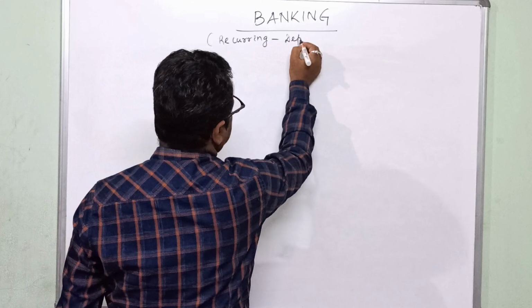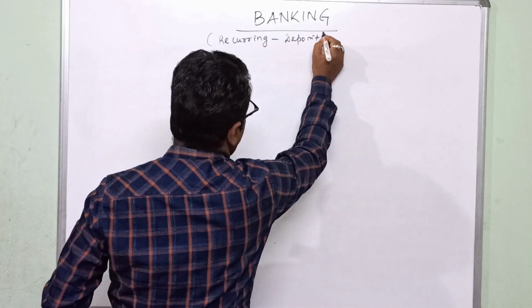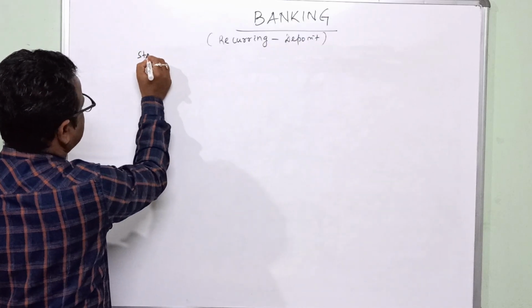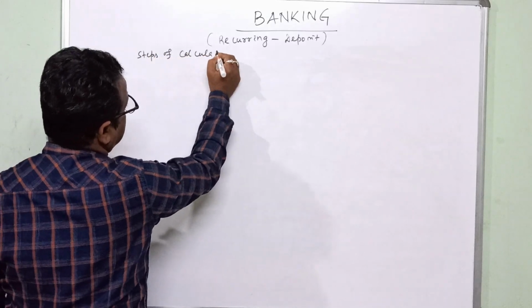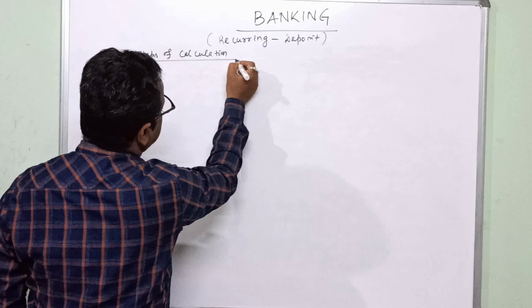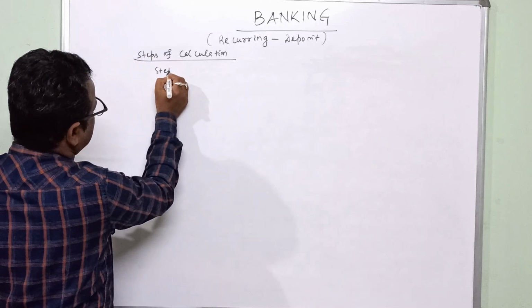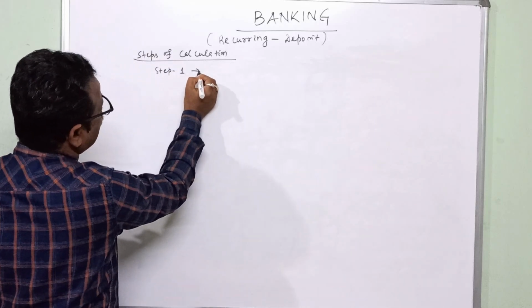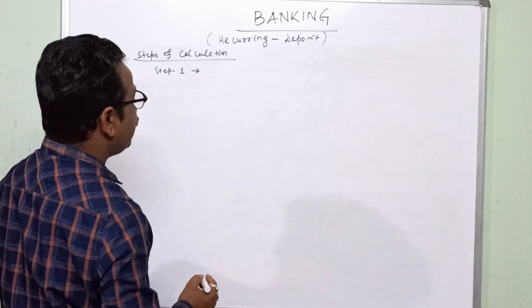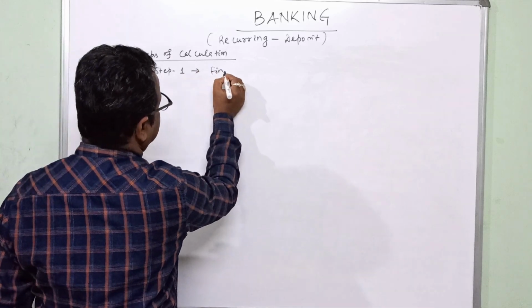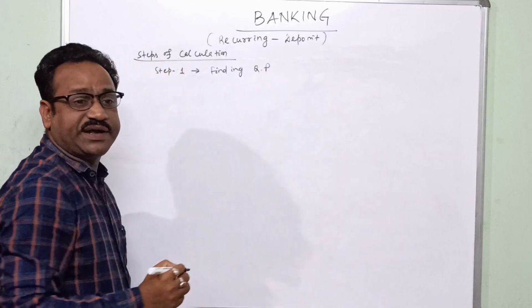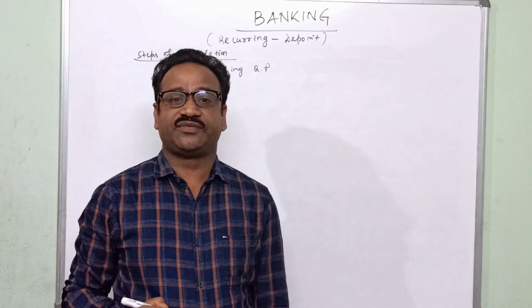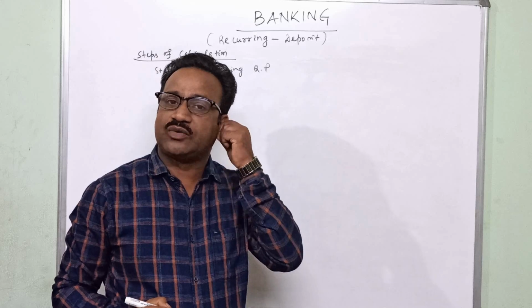Recurring deposit. Steps of calculation. In step 1, first we find QP, the qualifying principal.